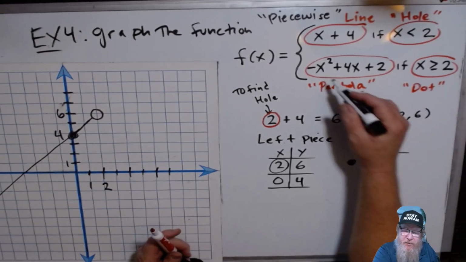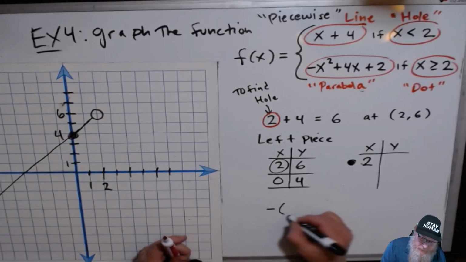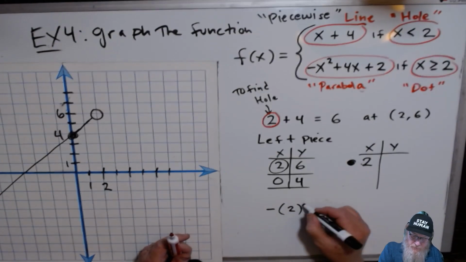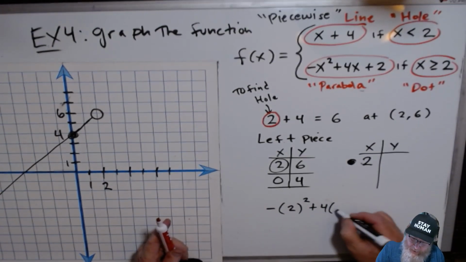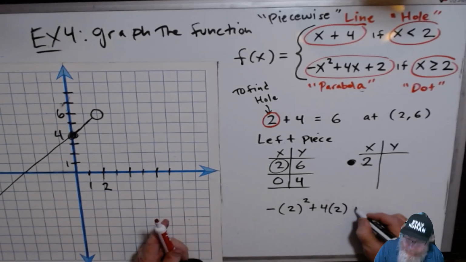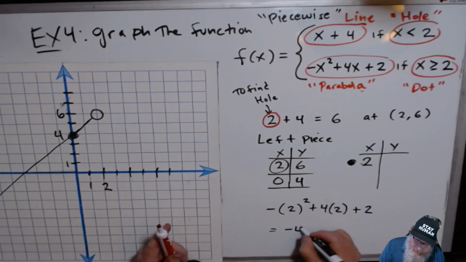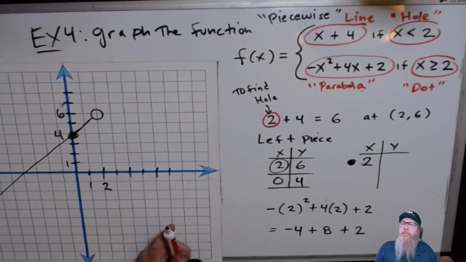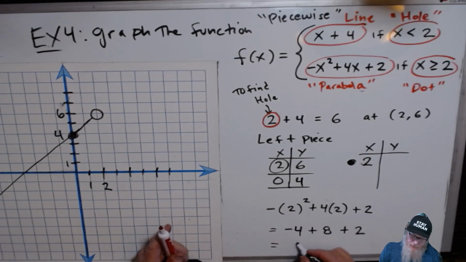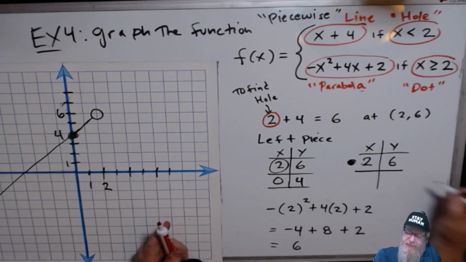Now we're going to plug 2 into this function here. So we get negative 2 squared plus 4 times 2 plus 2, which equals negative 4 plus 8 plus 2, which equals 6. Nice.